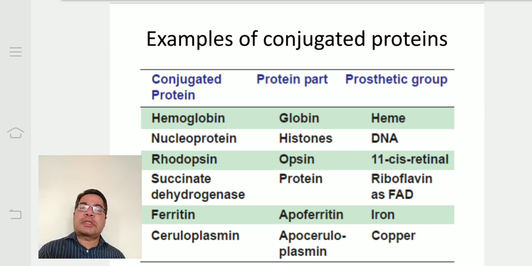Succinate dehydrogenase contains enzyme which is protein part and riboflavin which is prosthetic group. Ferritin contains apoferritin as protein part and iron as prosthetic group. Ceruloplasmin contains apoceruloplasmin as protein part and copper as a prosthetic group.